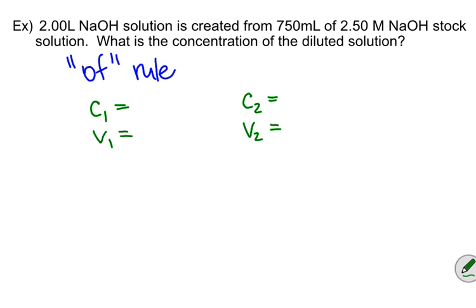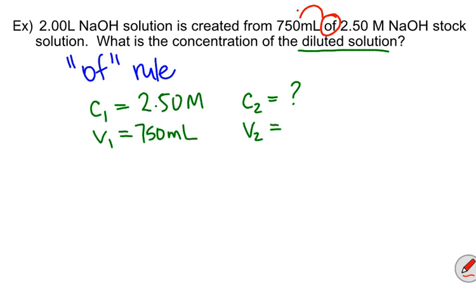So I started off with C1 and V1, and I'm asking you to find the concentration of the diluted solution. So that's C2. It says that 2 liters of this was created from using 750 milliliters of a 2.50 molar NaOH solution. So here's how the "of" rule works. Here's the word "of".